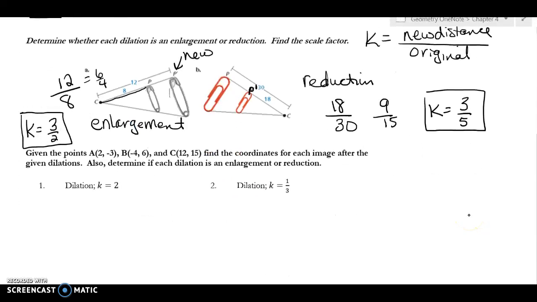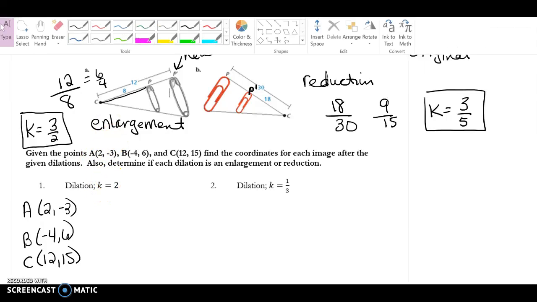Now let's just do a couple examples. What's nice about these is that I have A is (2, -3), B is (-4, 6), and C is (12, 15). The first thing it tells me to do is multiply.